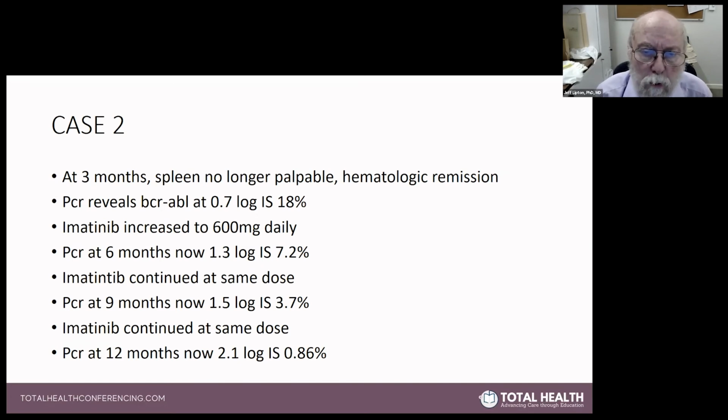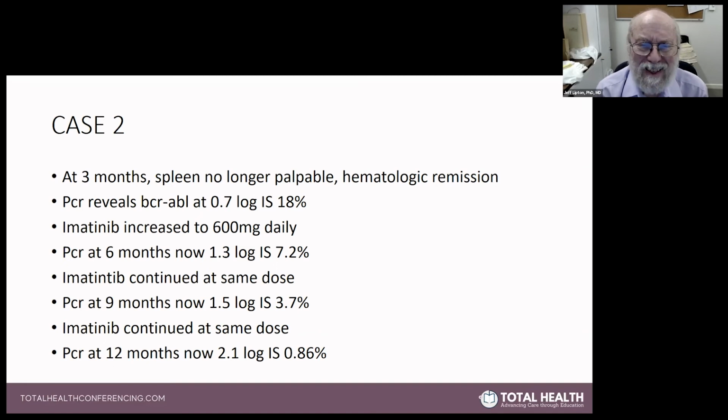Now, some people might say this is a failure because it didn't hit the 10%. The only reason this is brought out here is there's now something called halving time, which has been used both by the Australian and the German group. But in order to do an appropriate halving time, you have to know what the patient's percentage is at diagnosis, not the laboratory percentage, which is the usual comparator in most patients.